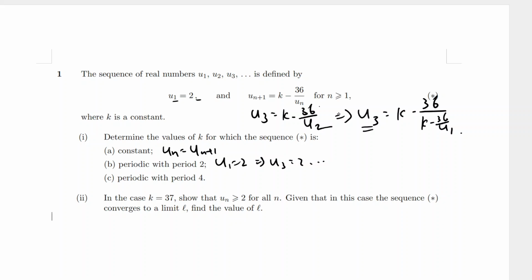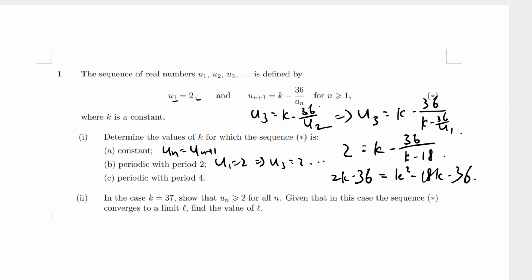So now I have to solve the equation: 2 equals k minus 36 over k minus 18. Then just do the algebra properly, equals k squared minus 18k minus 36. Hopefully that's okay. Well, the 36 cancels nicely. So k squared minus 20k equals 0.